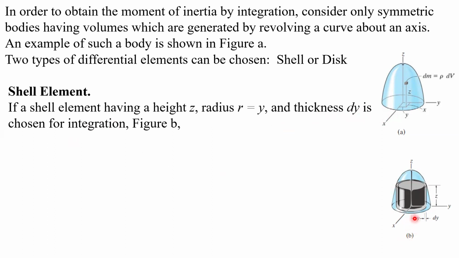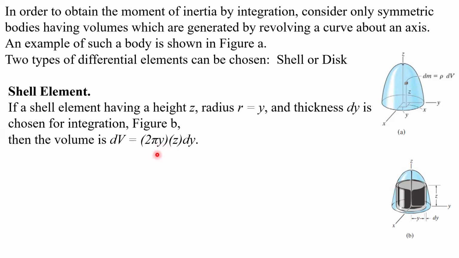So this is the thickness, this is the dy here. Then the volume, dV, will be 2 pi y z dy.